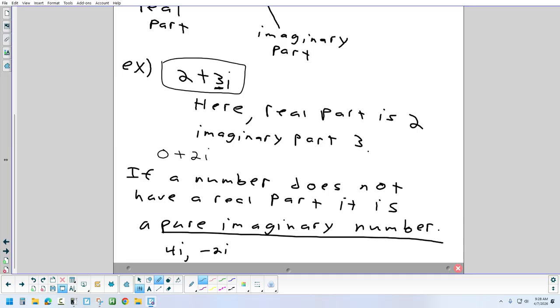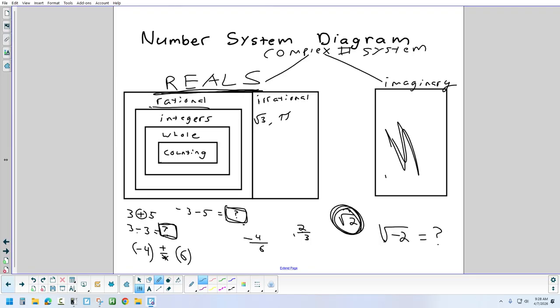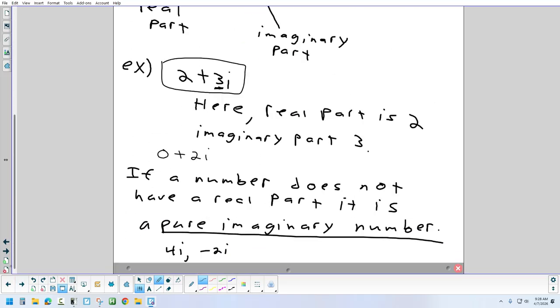That's called a pure imaginary number. It means that this part of the diagram over here is 0, and there's only a number from that part. So things like 4i, negative 2i, 0.6i. Those are all pure imaginary numbers.